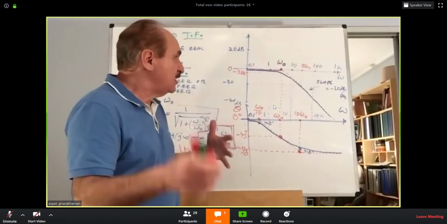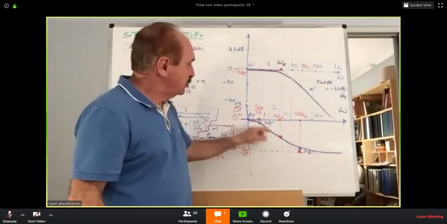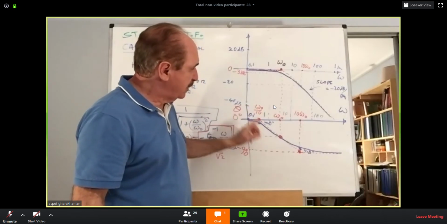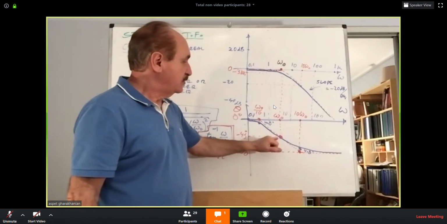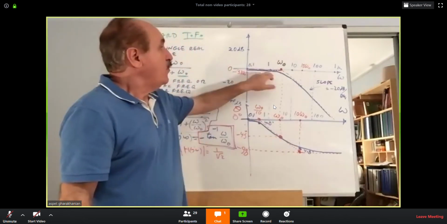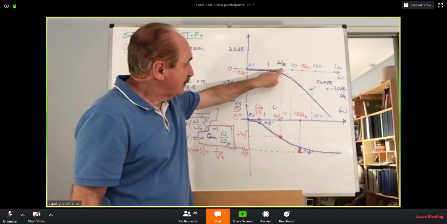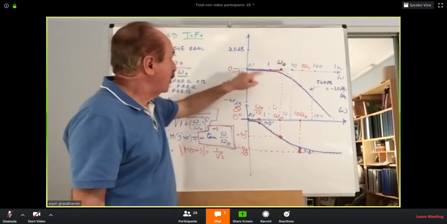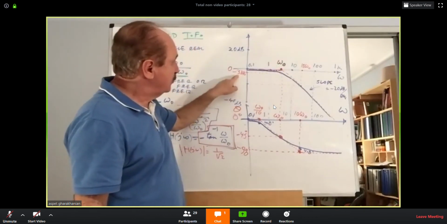And then if you need, you will go and make a correction. For the angles, you will correct the corners by 4.8 degrees down and 4.8 degrees up. This is an exact passage point, 45. For the gain, you will correct at the break frequency. That's why they call omega O the break frequency. You will correct it down by 3 dB.